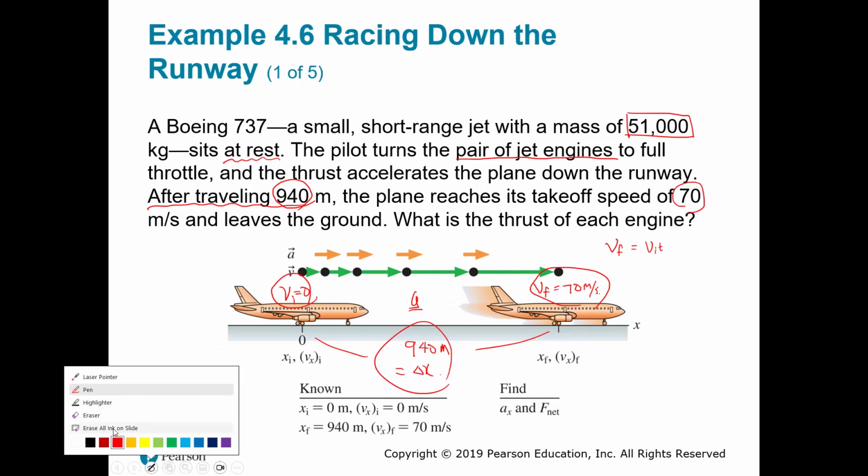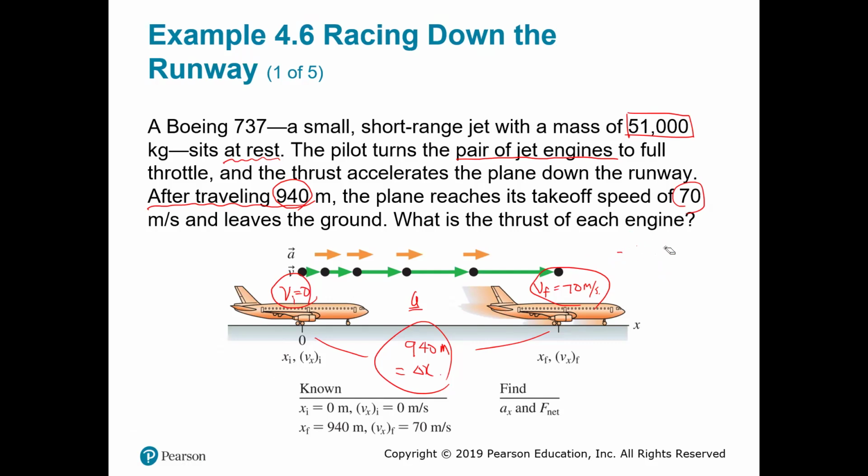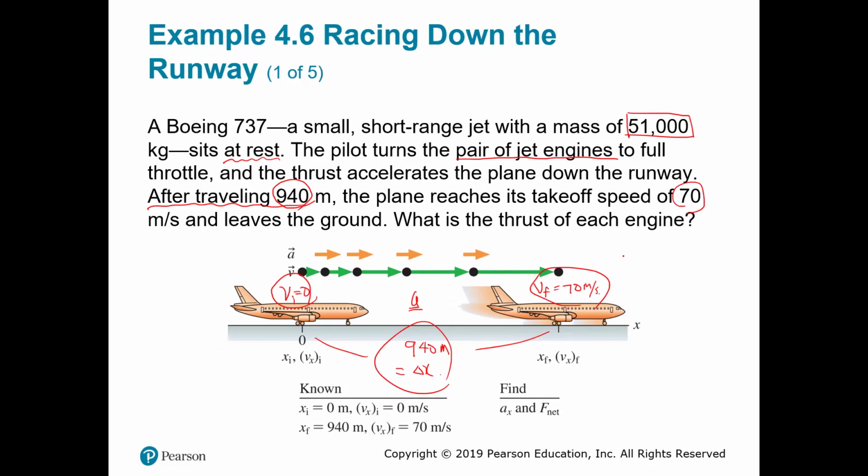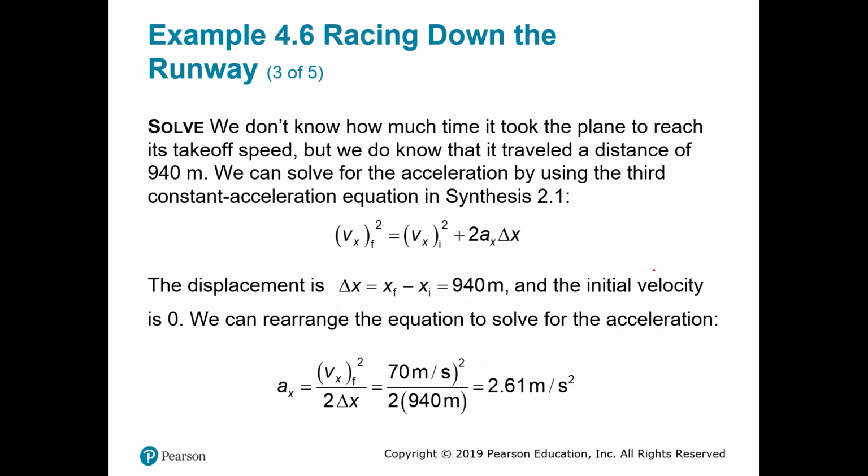So you have to find the equation that doesn't have a t, because you can also find t if you want, but let's find the acceleration first. Right? So then you have to use 2a delta x, delta x is 940, equals v final squared minus v initial squared, right? So then you can find the acceleration will be 2.6.